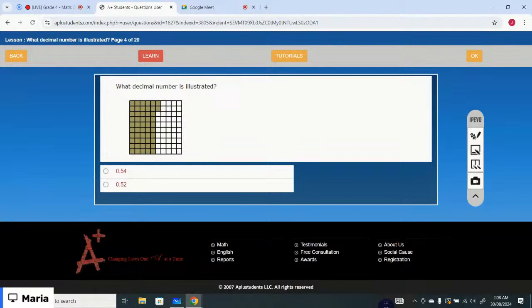The correct option is 0.52. Option number 2 is the correct option. That is 0.52.